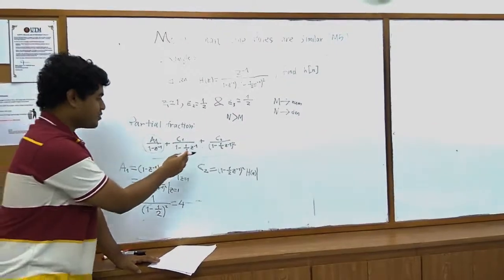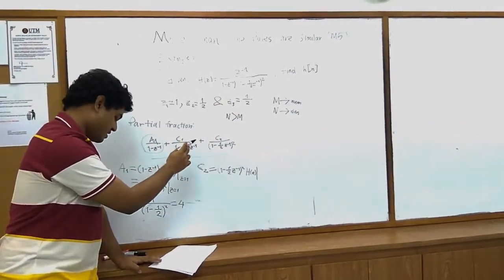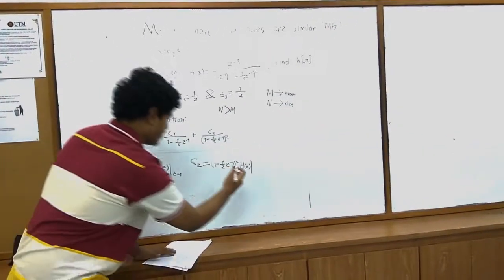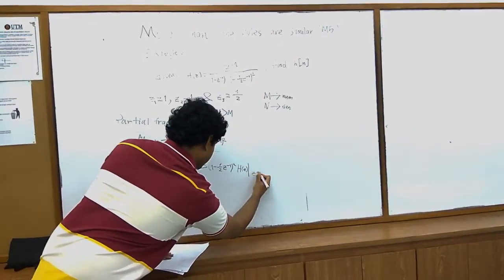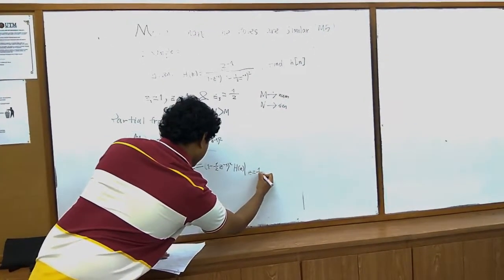What are the poles here? The pole here is 1 over 2, z equal to 1 over 2, so you must substitute z equal to 1 over 2.